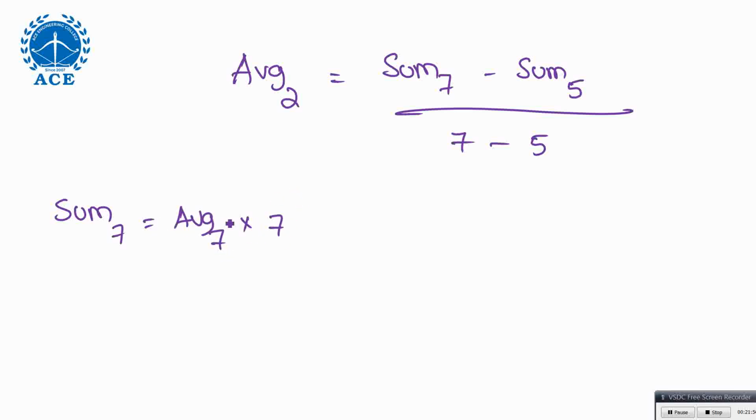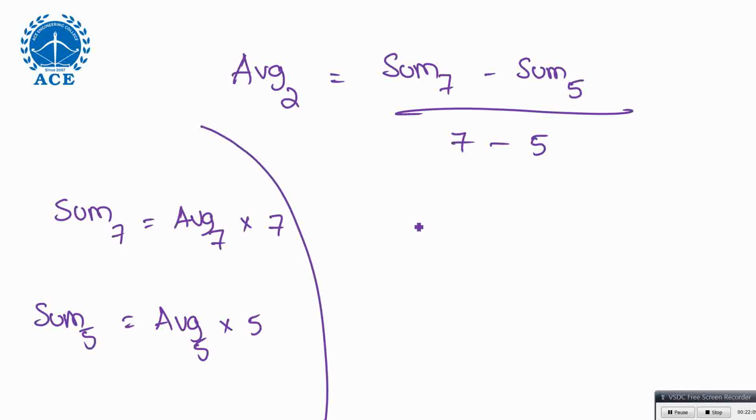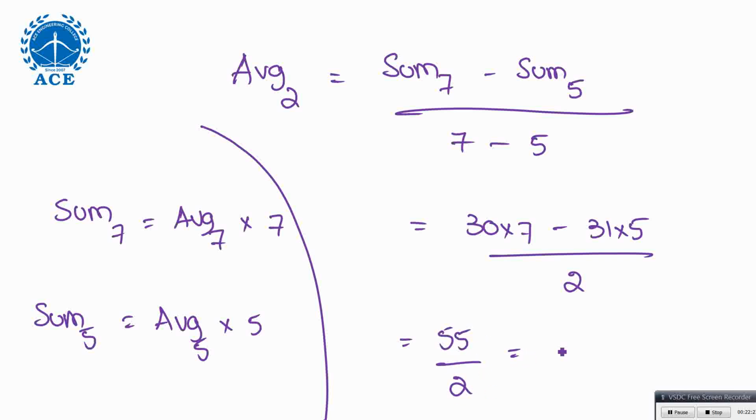What is the average of 7 people? 30. Into 7 will give the sum of age of 7 people. What is the sum of 5 people's age? It is the average of those 5 people's age into 5. The average of 5 people is 31 into 5. Divided by 7 minus 5, which is 2. So here 210 minus 155. Sorry, 210 minus 155 will give 55. Divided by 2 is 27.5.